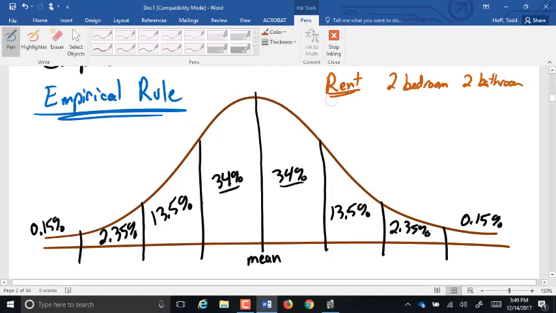And in the area you're looking at, you look up and you see all of the apartments that are rented in that area that are 2-bedroom, 2-bath. The mean monthly rent is $530.